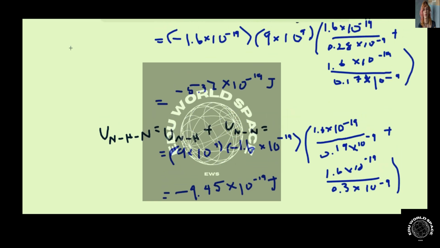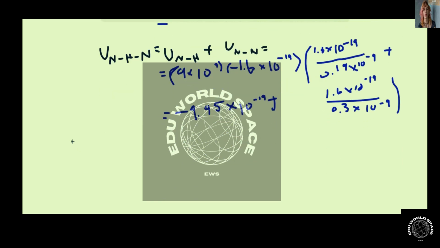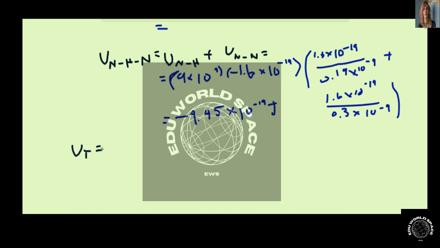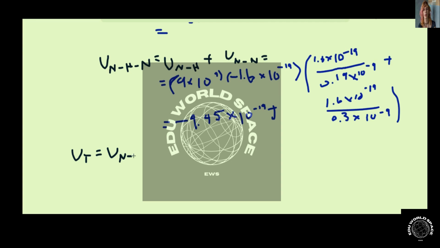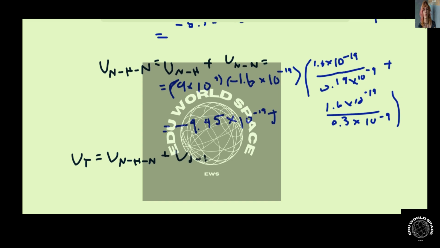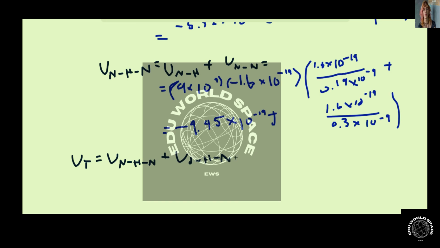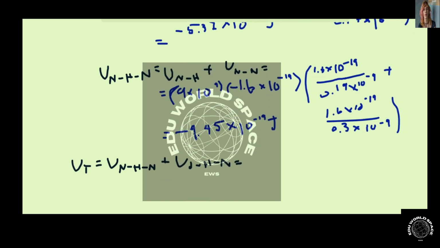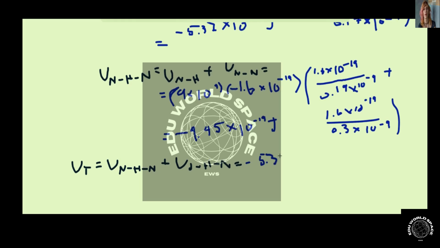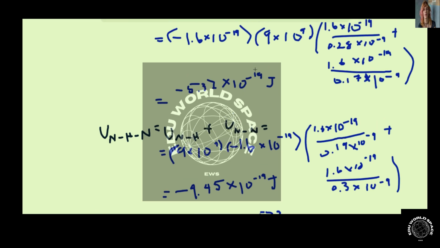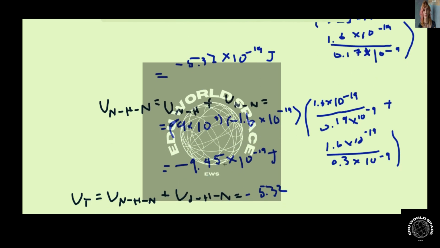So now, UT, once again, let me just write that again, U N N H N, that's the first molecule, plus the potential energy of the next one, which is OH N, is equal to negative 5.32, and since the ending is the same for both these expressions, we can actually just factor out these numbers and add them together to just make it more understandable for you guys.